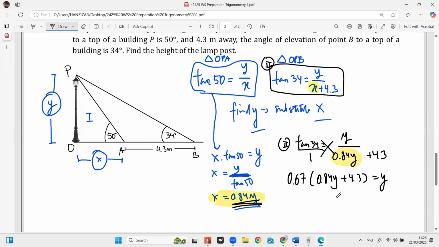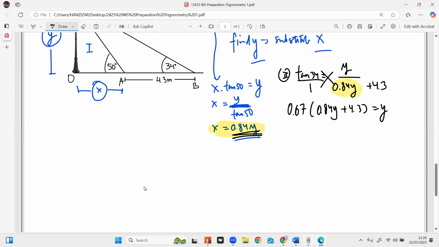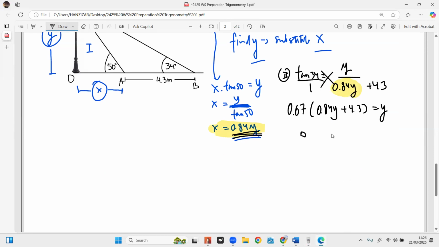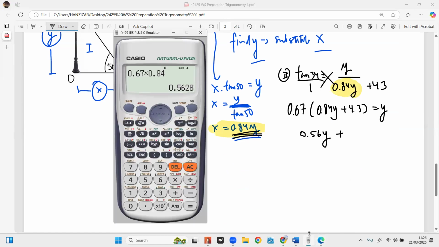Then you multiply the 0.67 times 0.84. We get 0.56Y, rounding, plus 0.67 multiplied by 4.3.